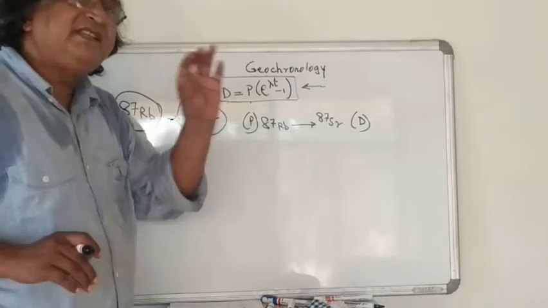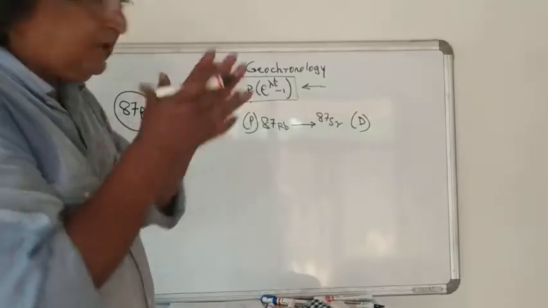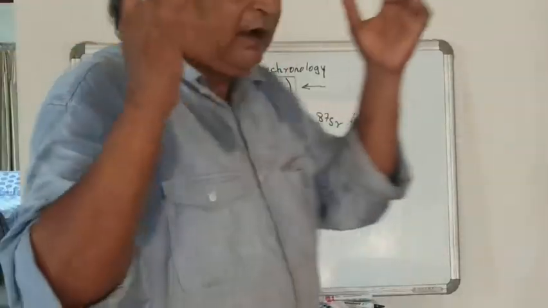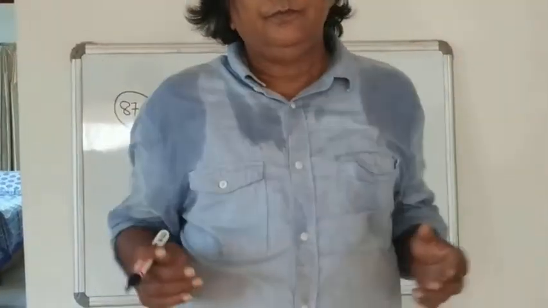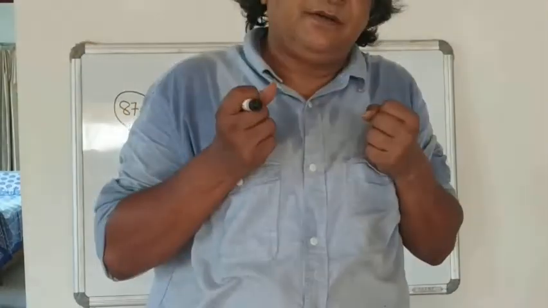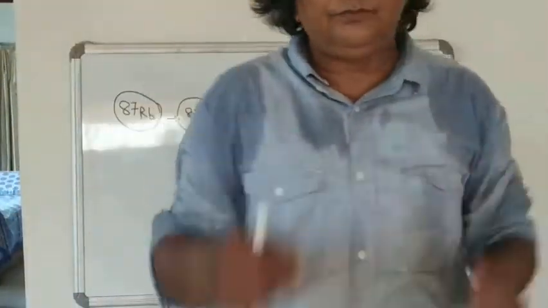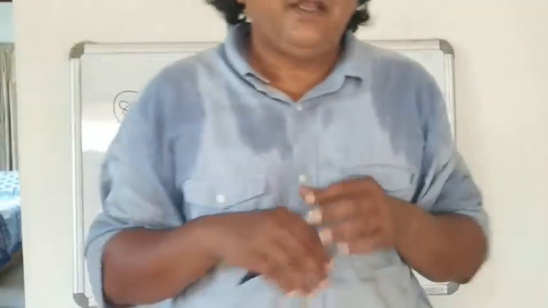So you have 87 strontium. Now imagine that you have a rock, let's say Earth. When Earth formed, at a particular point of time, the Earth incorporated all these different isotopes, radiogenic and non-radiogenic elements.